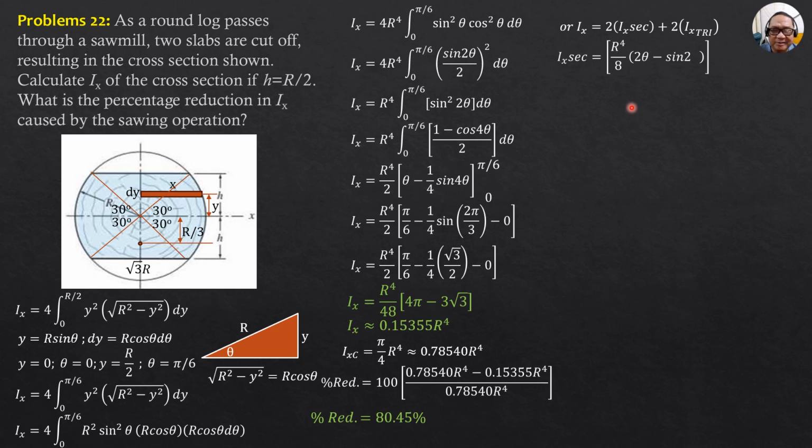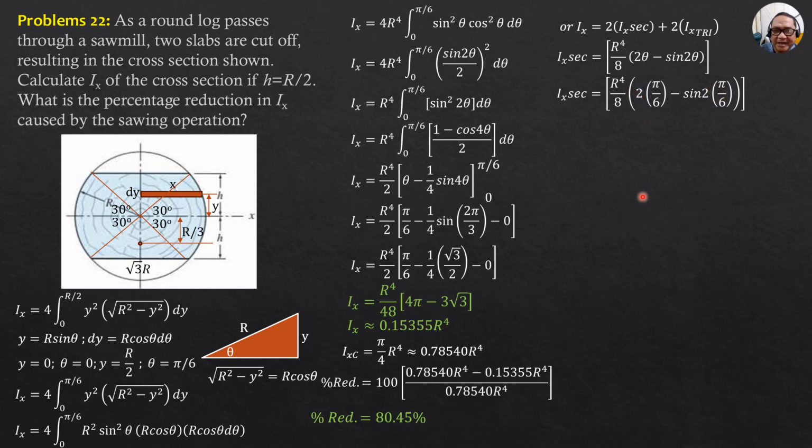So again, Ix of sector is given by the formula derived in problem 21: r to the fourth over 8 times quantity 2 theta minus sine 2 theta, where theta is equal to pi over 6. So substitute: Ix of sector is r to the fourth over 8 times quantity 2 times pi over 6 minus sine of 2 times pi over 6. Sine of 2 times pi over 6 is sine of pi over 3, or sine 60, square root of 3 over 2.